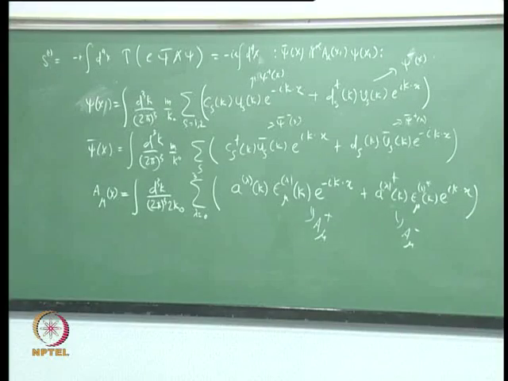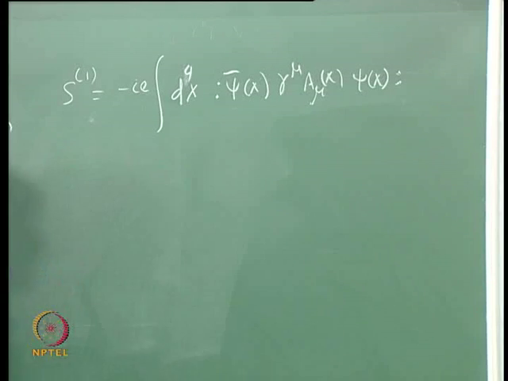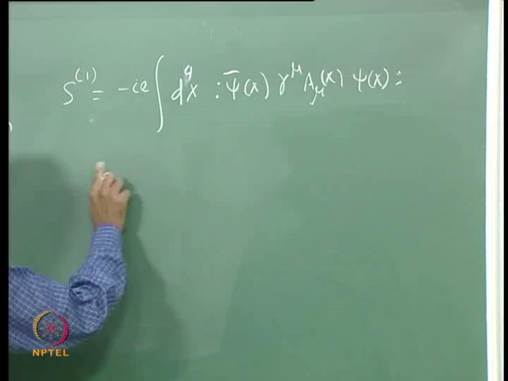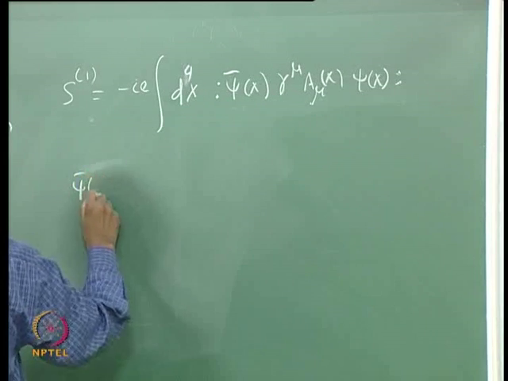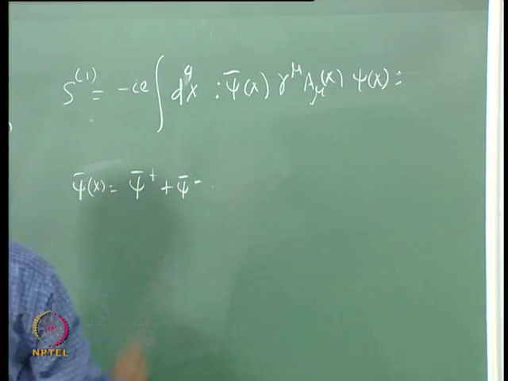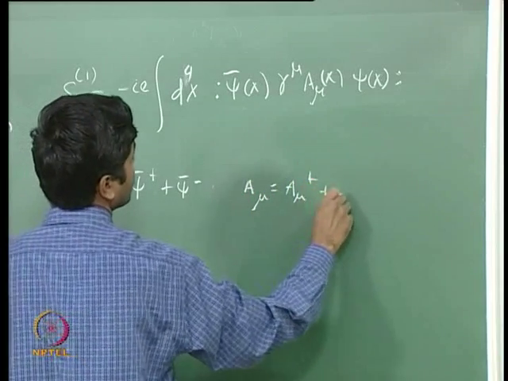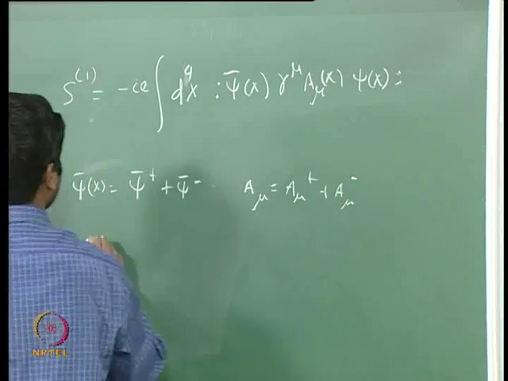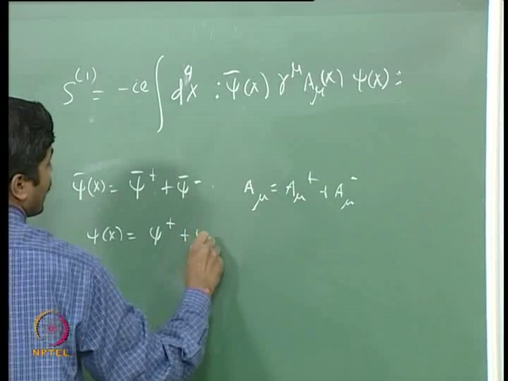Okay. So, what kind of physical processes are there to which this term will contribute in a non-trivial way, in the sense that it will give a non-zero contribution? This psi bar of x has two terms, psi bar plus and psi bar minus. Similarly, A mu has A mu plus and A mu minus, and psi of x has psi plus and psi minus.